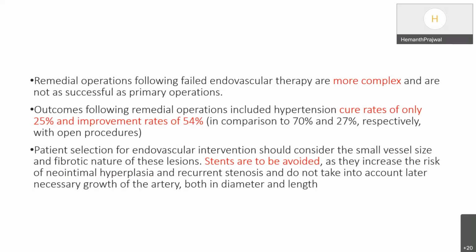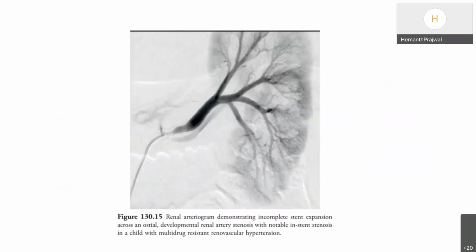In patient selection for endovascular intervention, considering the small vessel size and the fibrotic nature of this lesion, stents are to be avoided in these cases as they increase the risk of neointimal hyperplasia and recurrent stenosis, and do not take into account the later necessary growth of the artery, both in diameter as well as the length.